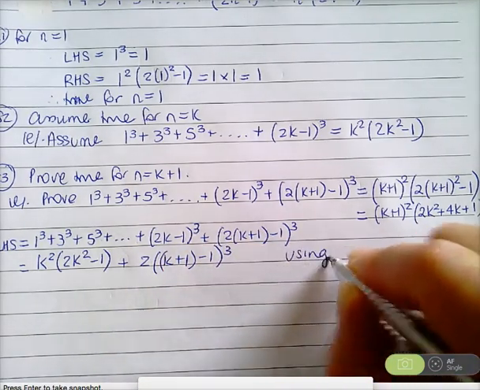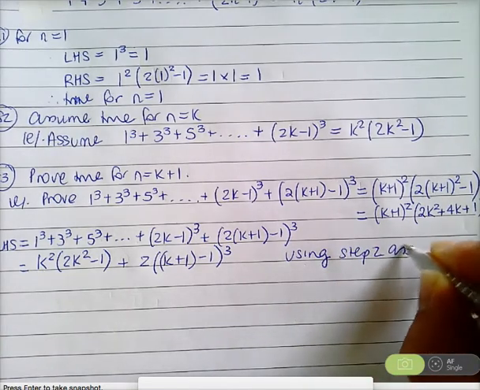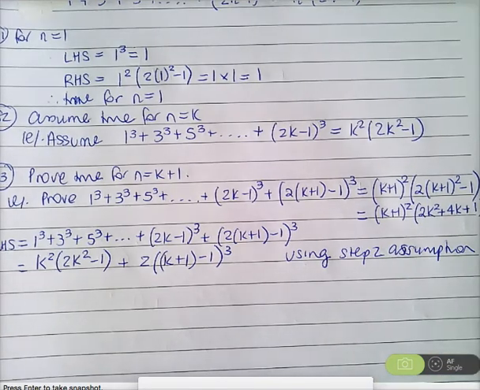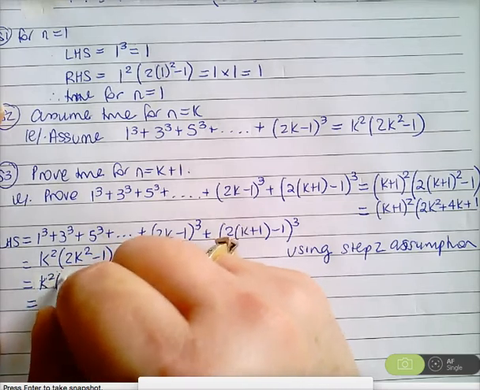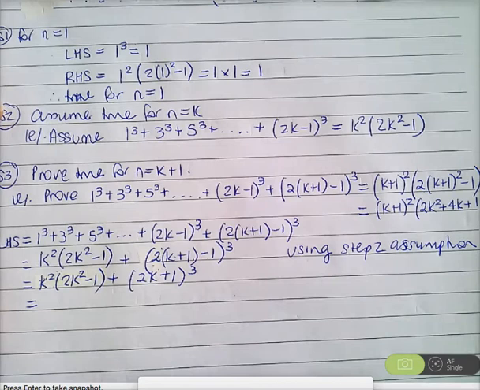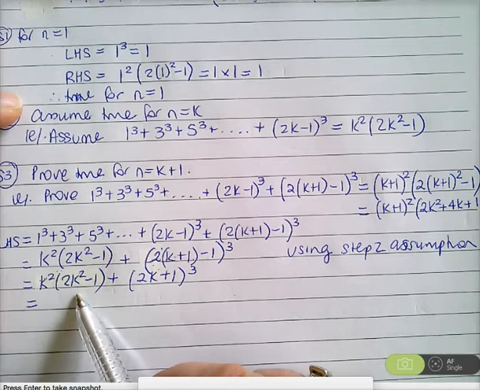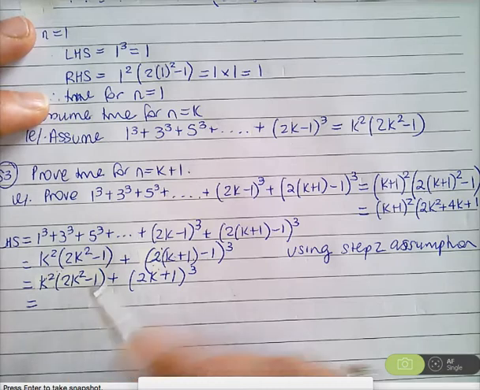Using the assumption from step 2, I'll pause, you can have a go. We do not want to be doing polynomial factorizations, I tell you now. So, what can we do? Should we make it k, 2k cubed minus k? No.